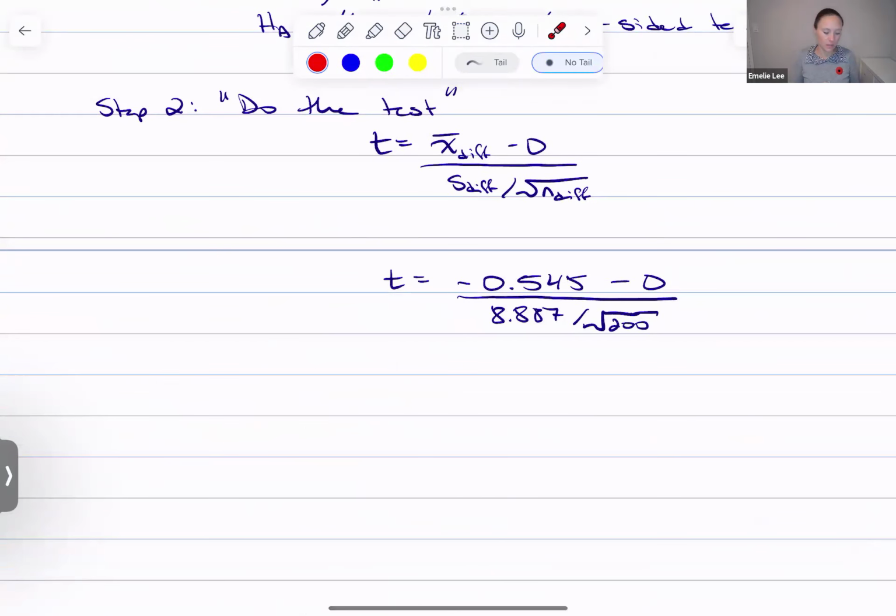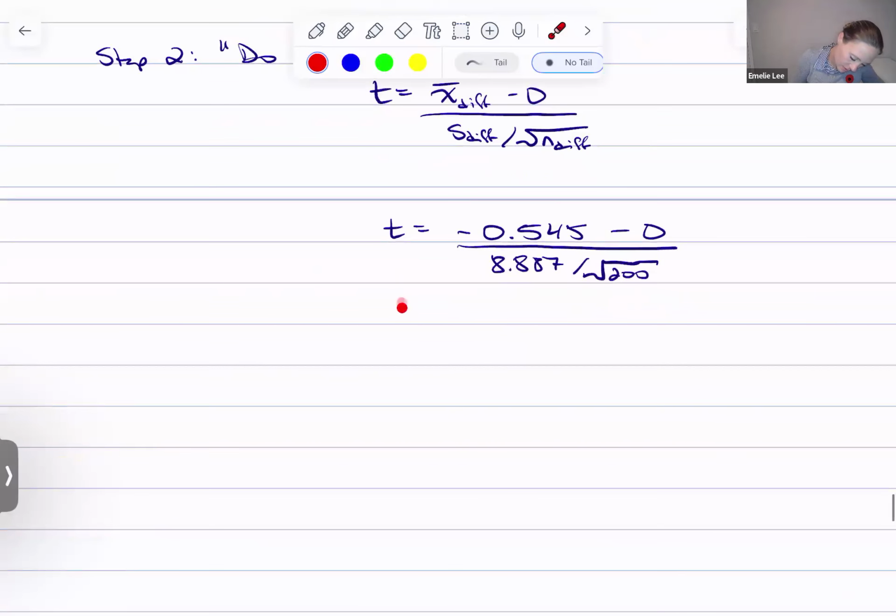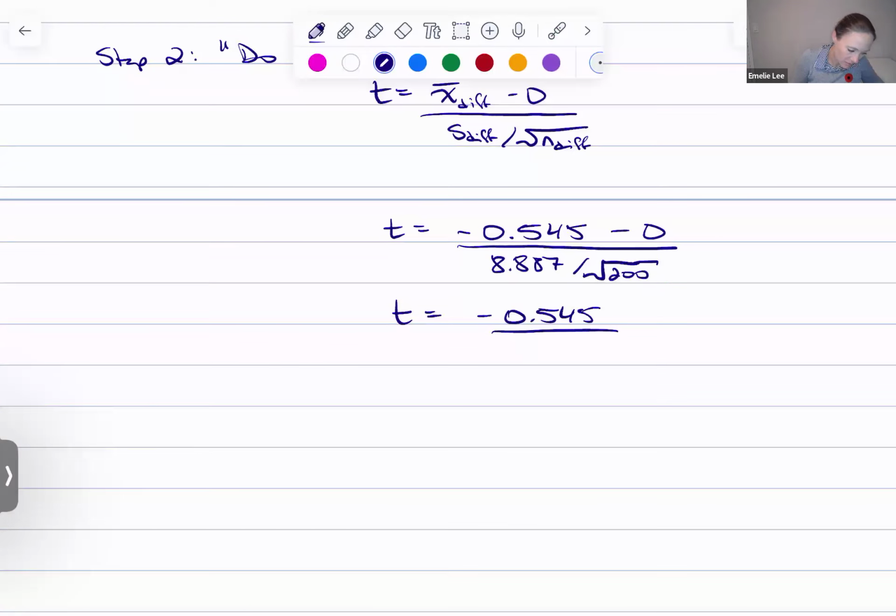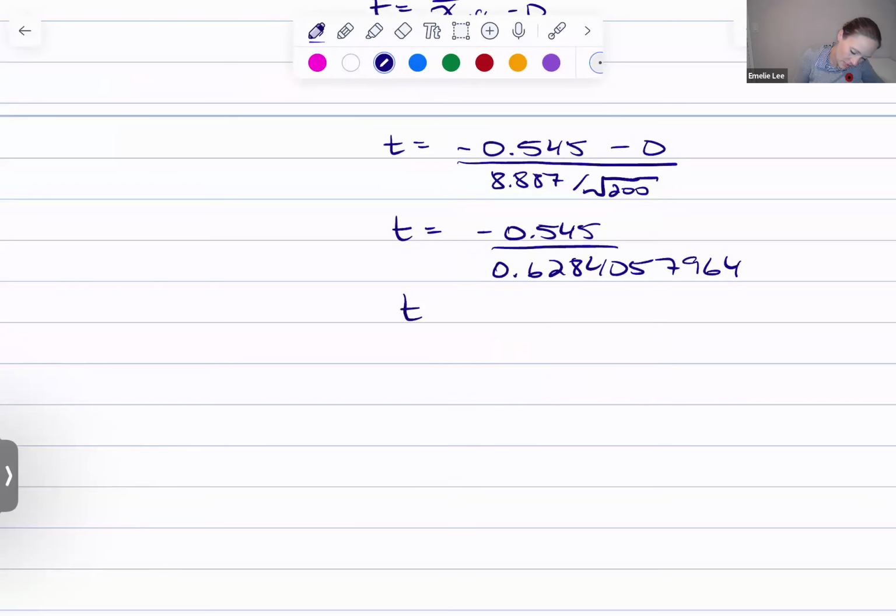Now, 8.887 divided by the root of 200. I get a t of negative 0.545 divided by 0.6284, so t is going to be negative 0.545 divided by that.